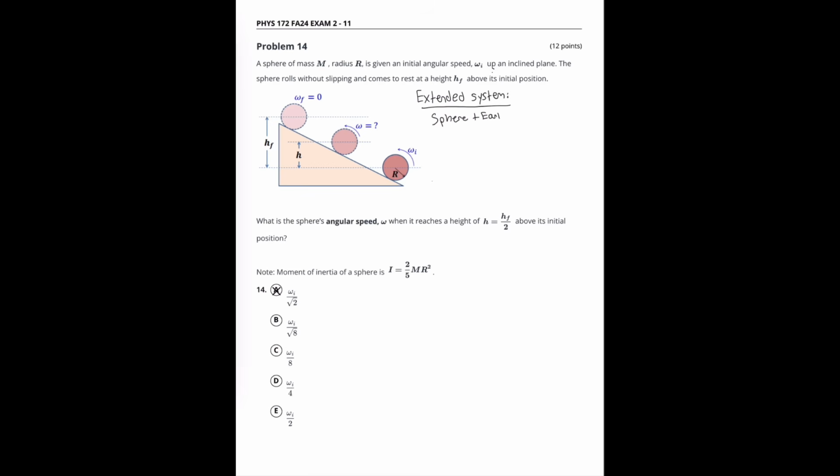So from that, we know that the energy of the system is equal to the work of the surroundings.